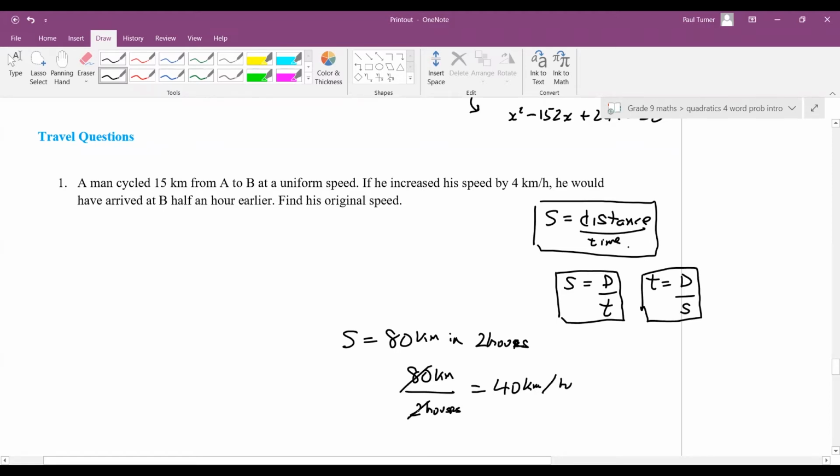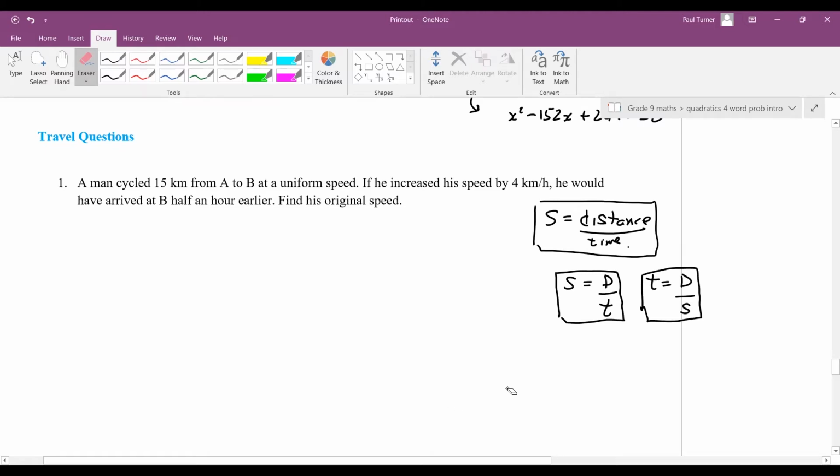So if it takes you 2 hours to go 80 kilometers, that means your speed was 40 kilometers per hour. So they're very closely related. Your speed, distance, and time are linked, okay? So just keep that in your mind.